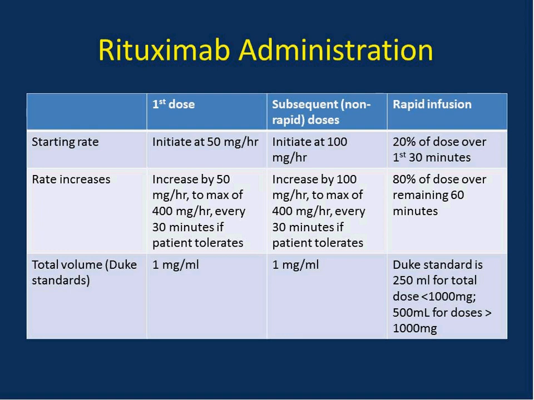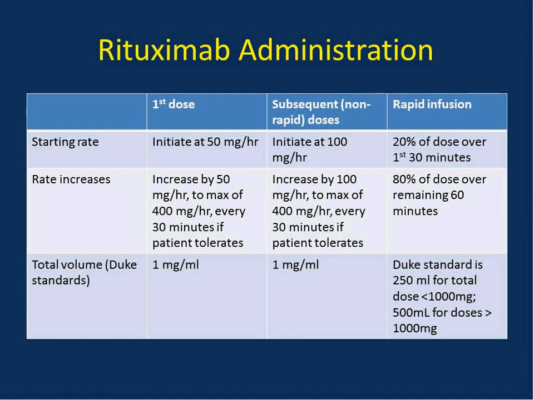We do have the option for rapid infusion, and I have the criteria for those patients on the next slide. Basically, we would give the patient 20% of their prescribed dose over the first 30 minutes, and then infuse the remaining 80% over the next 60 minutes.